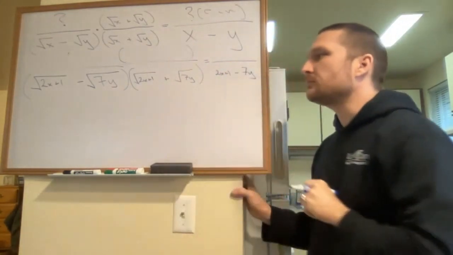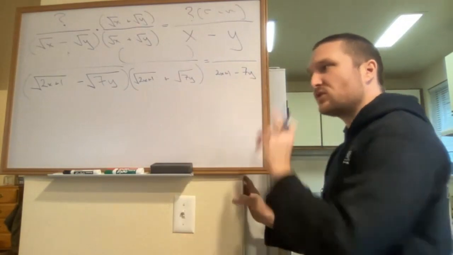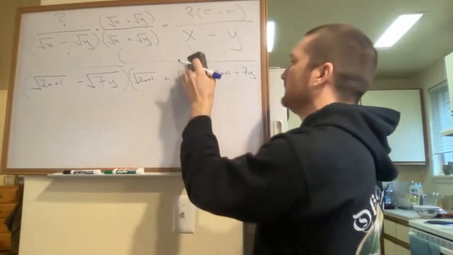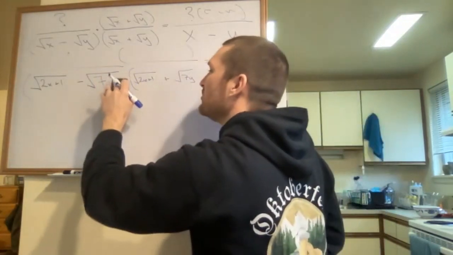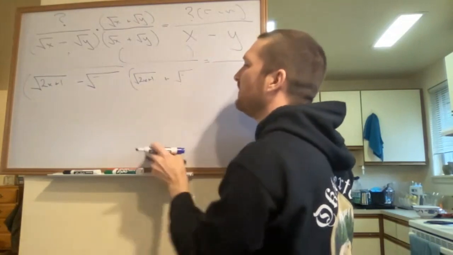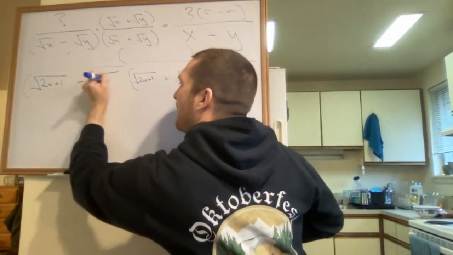I was going to finish up right there, but just one thing I want to say real quick. Make this slightly more complicated, just a little bit. Instead of square root of 7y, let's say we had square root of 7y minus 1.